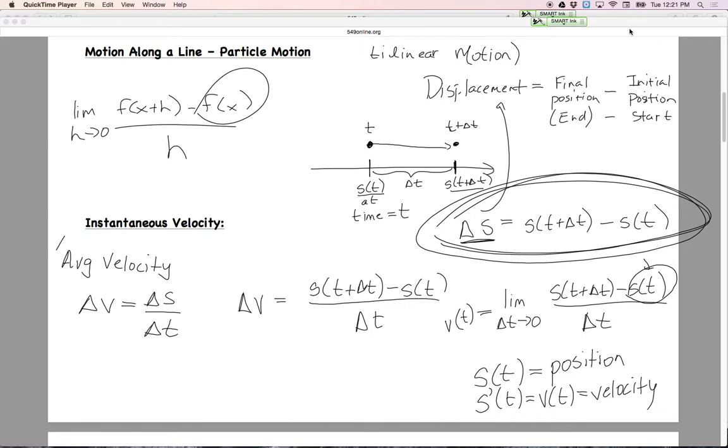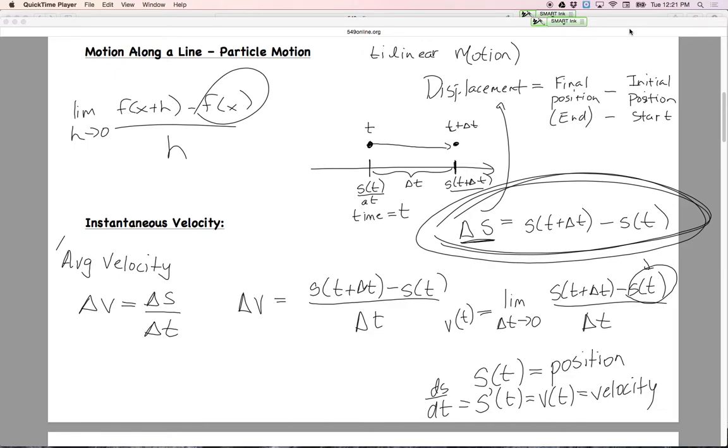Use a different notation. Don't use s prime of t. Use what we've been using for related rates. What would it be? d what? ds dt. Think about it. Change in s, change to ds when you took the limit as delta t approaches 0. Change in t, change to dt.